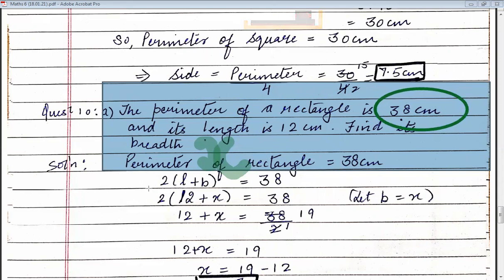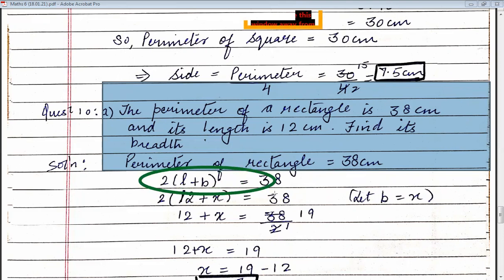So let's write in the question that the perimeter of the rectangle is equal to 38 centimeter. So now you know that the formula to find perimeter of rectangle is 2 times (L plus B). So now children, you can write that 2(L + B) is equal to 38.